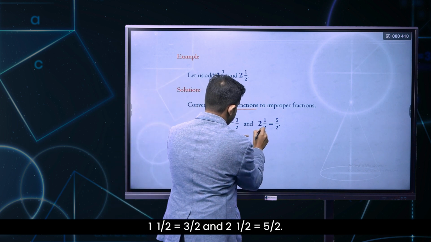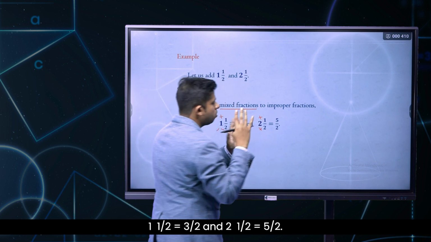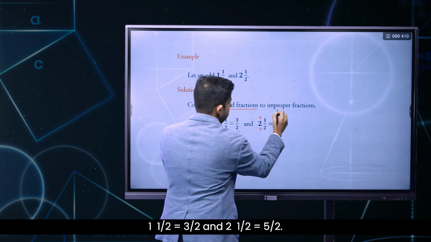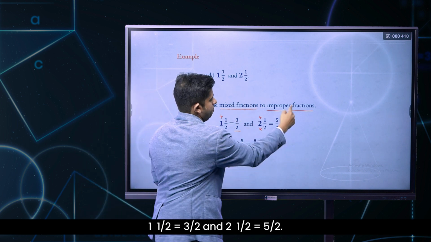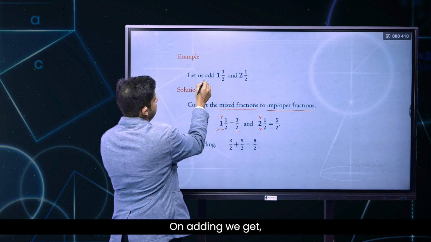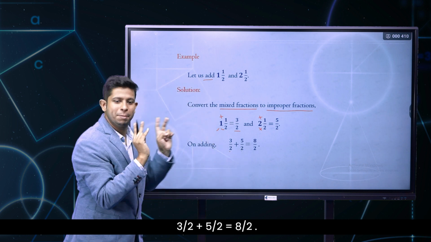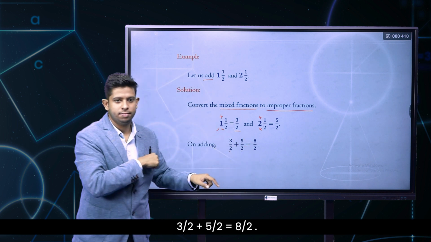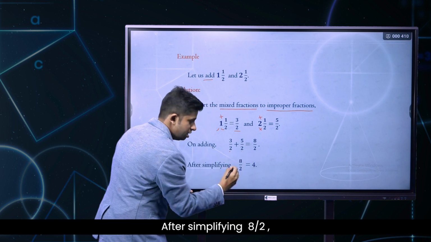And 2 by 2 is equal to 5 by 2. On adding, we get 3 by 2 plus 5 by 2 is equal to 8 by 2. After simplifying 8 by 2, we get 4.